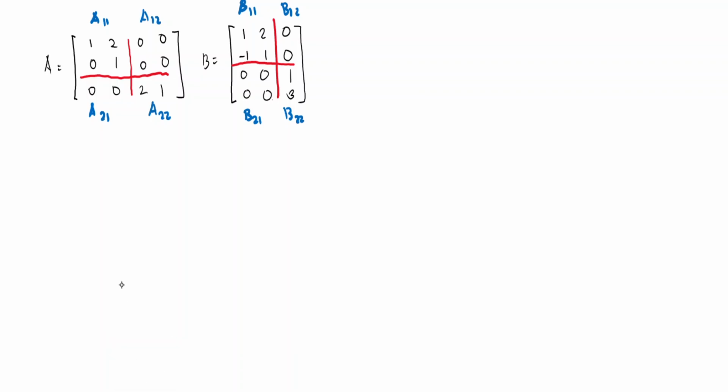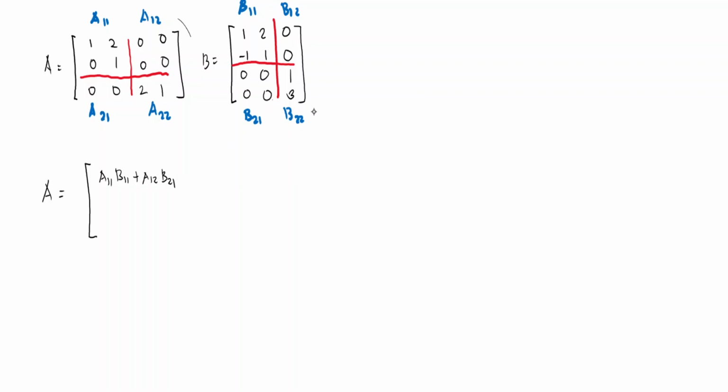Now when we do the multiplication, we multiply them as blocks. So the first row multiplied by the first column gives A11 times B11 plus A12 times B21. Then for the second entry, by the way, we consider this as a 2 by 2 matrix and also a 2 by 2 matrix.